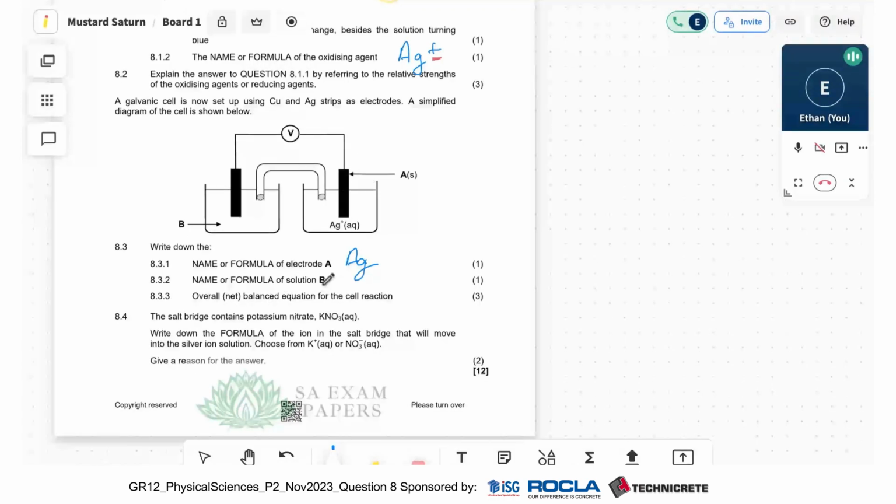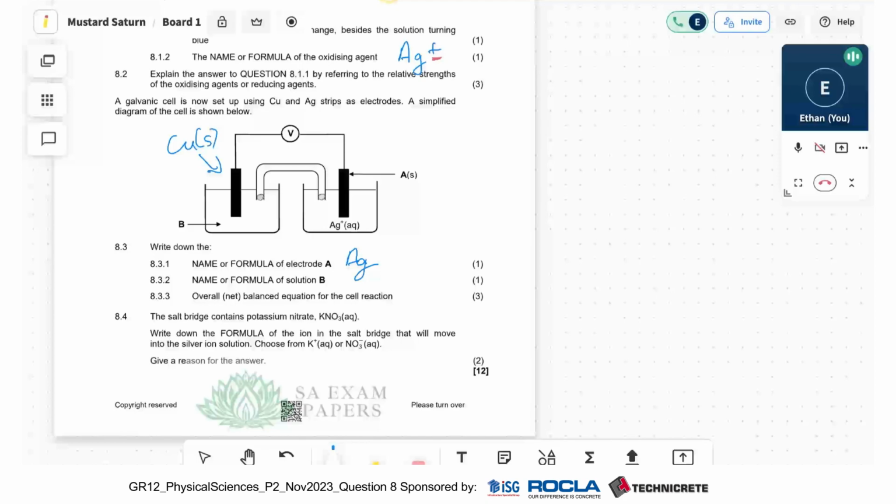Next, name or formula of solution B. Since we know that this is definitely the copper electrode, so copper solid, then B has to be some solution of copper. So it could be a couple of things.